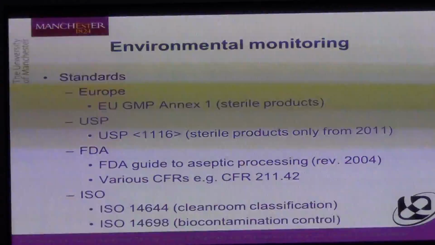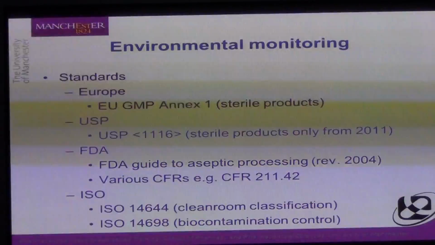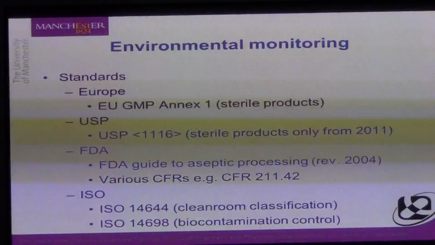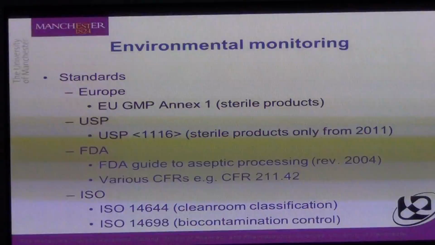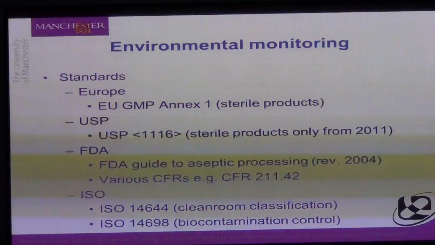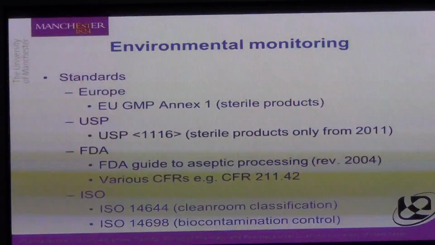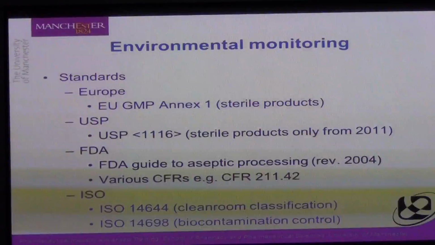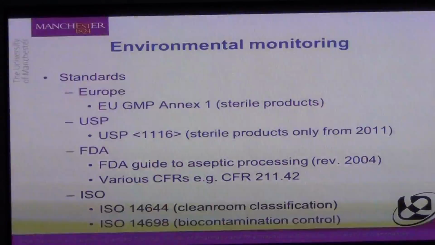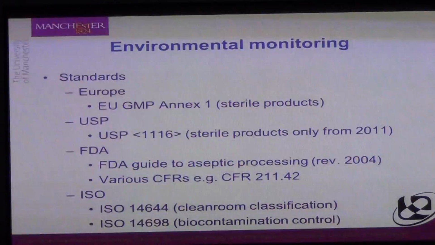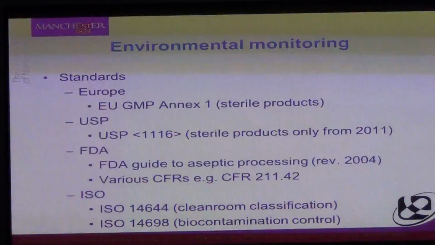Then there are various Code of Federal Regulations, such as CFR 211.42. Then with the ISO, the International Standards Organisation, there's ISO 14644, which helps with cleanroom classification, only really deals here with particle counting, and ISO 14698, which deals with biocontamination control.